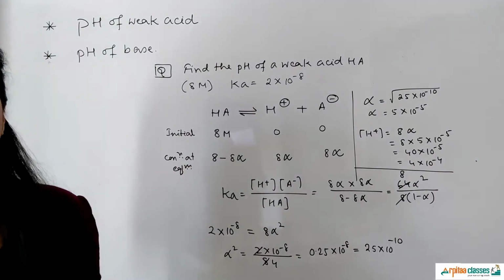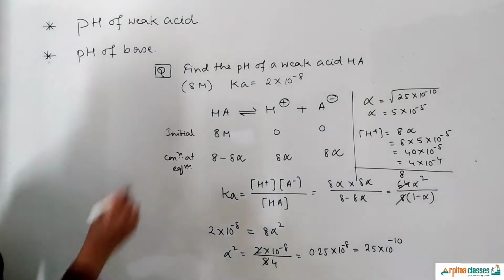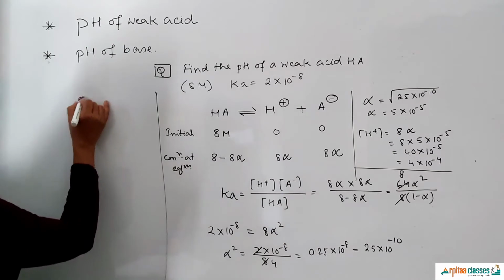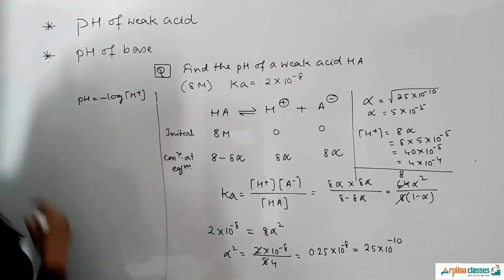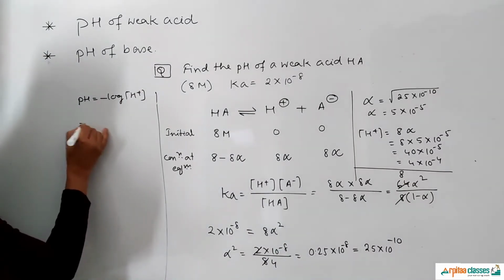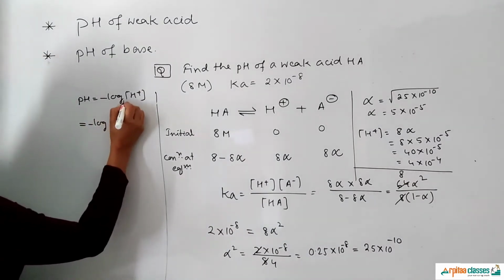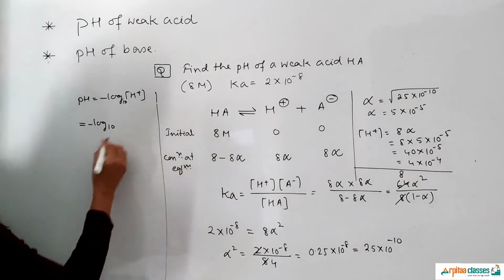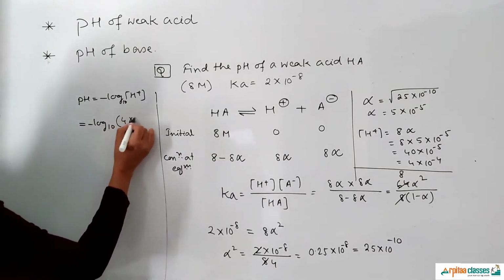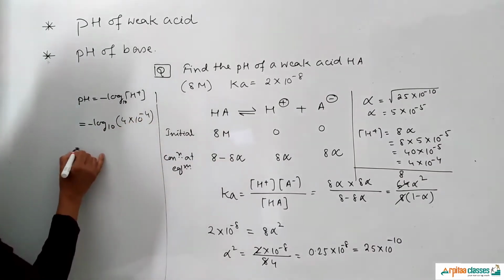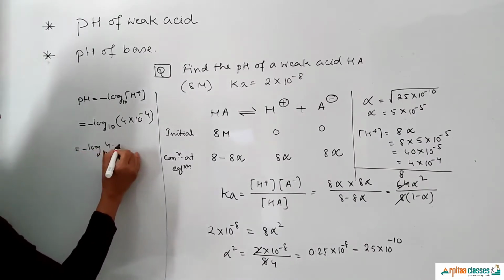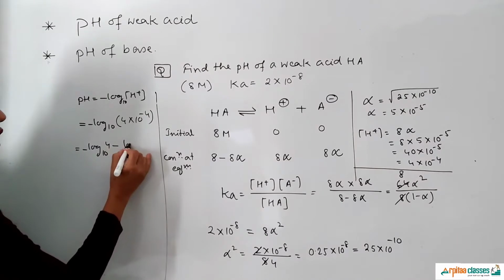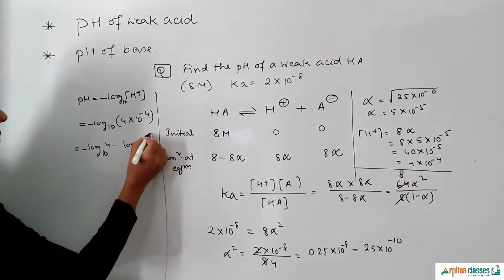Now let us see the pH of this solution. pH of the solution will be minus log of H plus ion concentration, to the base 10. H plus ion concentration is coming 4 into 10 raised to power minus 4. So let us calculate this. Minus log 4 to the base 10 minus of log 10 raised to power minus 4.